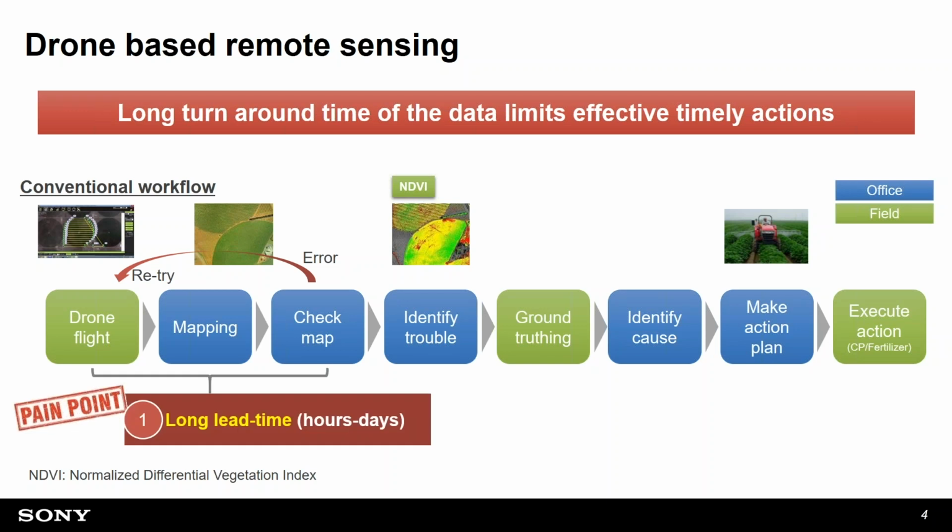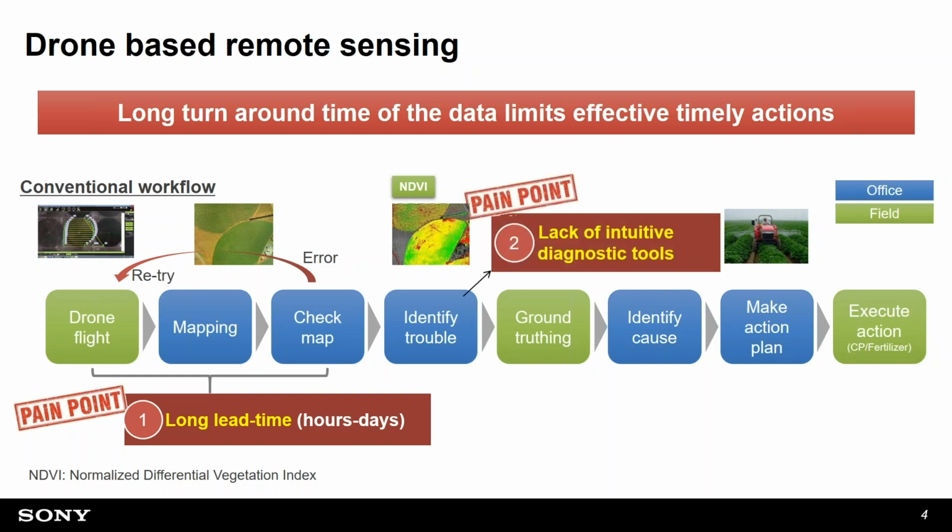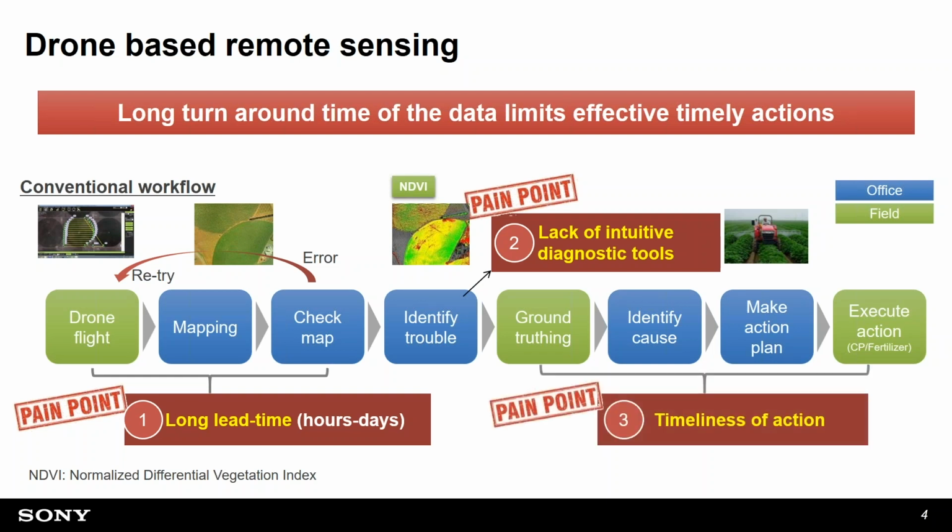Typically, after the drone flight, generating the map takes a lot of time. That's the feedback we really hear. And there are no easy tools available for quick field assessment. As a result, the timeliness of the action is lost.